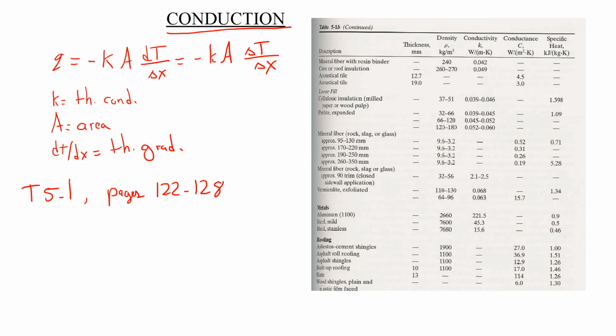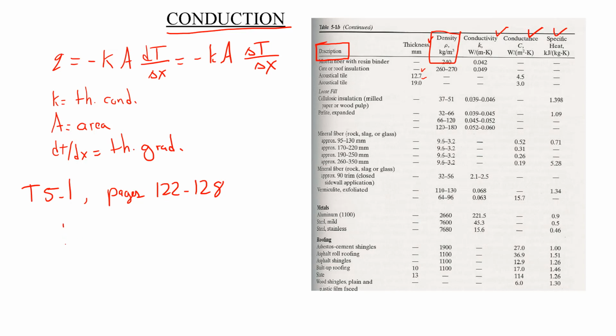In the left hand column, you have the description of the material, so we have different construction materials there. For some materials you have given thicknesses as well as densities. And then the last three columns give you the thermal conductivity, the thermal conductance, as well as specific heat.